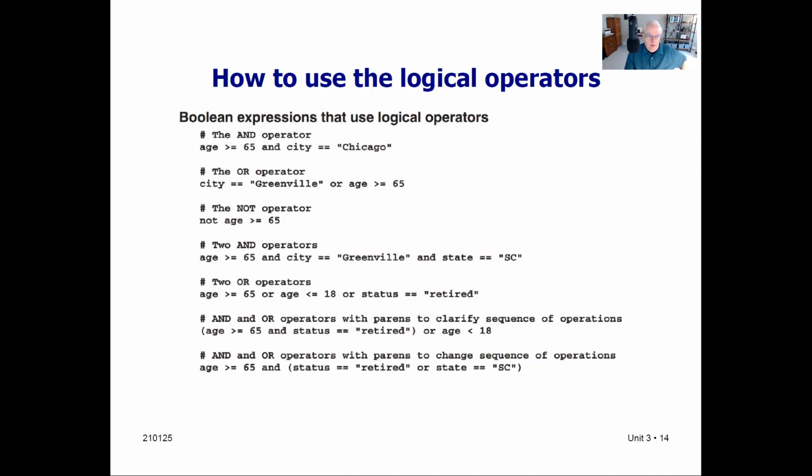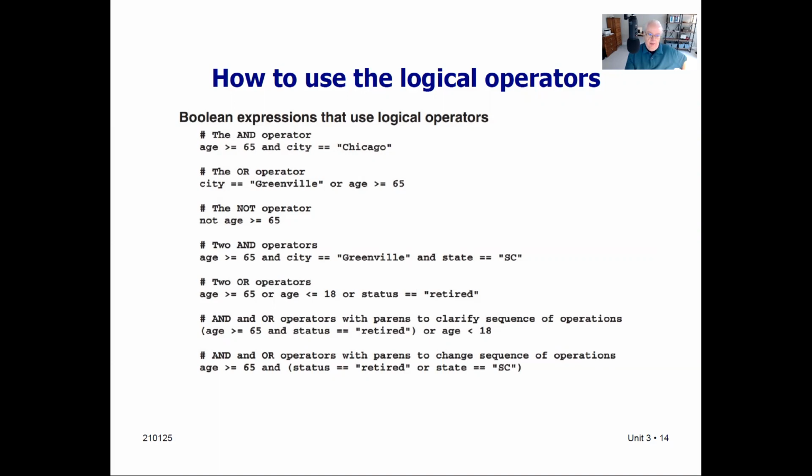So the or operator, city is equal to Greenville, or the age is greater than or equal to 65. Okay, if the first one's true, ball game over. If it's not, is the second one true? Okay. The not operator flips the logic. Age is not greater than or equal to 65.